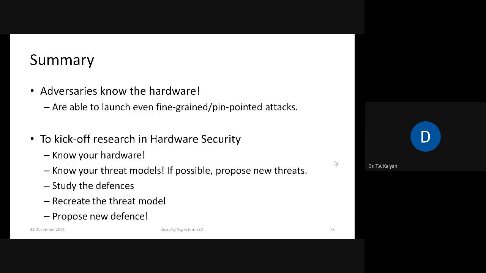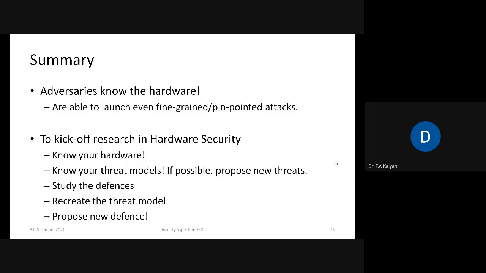Whatever module you have picked, whether it's caches or main memory or network on chip or the processor itself, try to get a complete understanding of it as much as possible. Once you gain the understanding, try to come up with all the threat models that are possible, right? This can be from an exhaustive literature survey, or with your improved understanding of the hardware, you can come up with a threat model yourself.